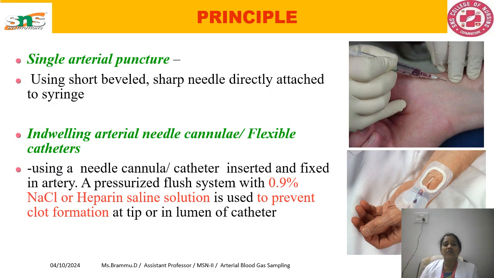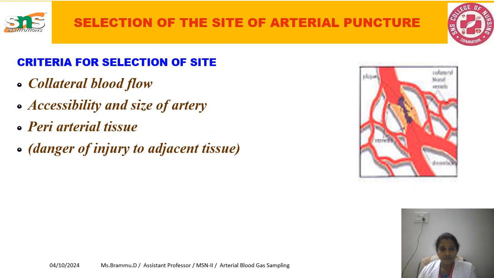This arterial cannula will be placed under a pressurized flush system, mixed with normal saline. Heparinized solution will be mixed, connected to the catheter, and also connected to the transducer. In certain patients, they also maintain the arterial BP.